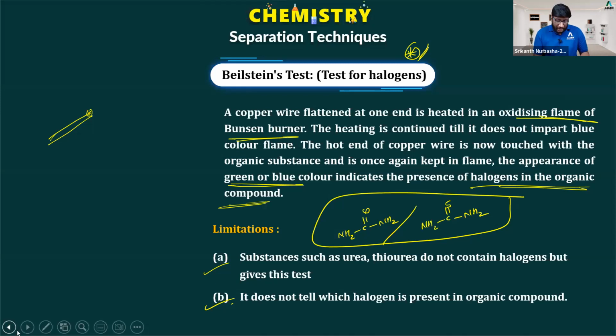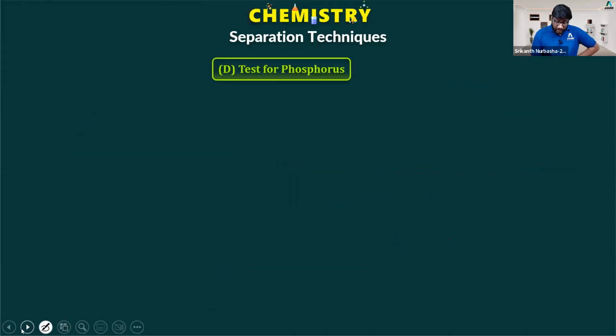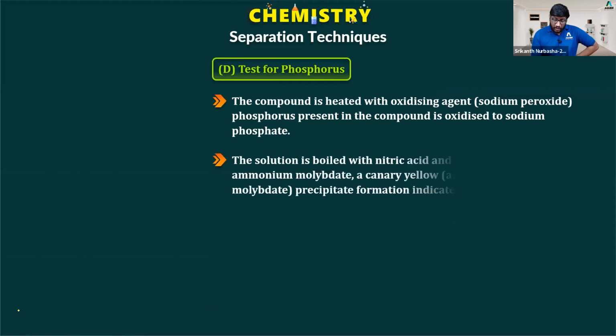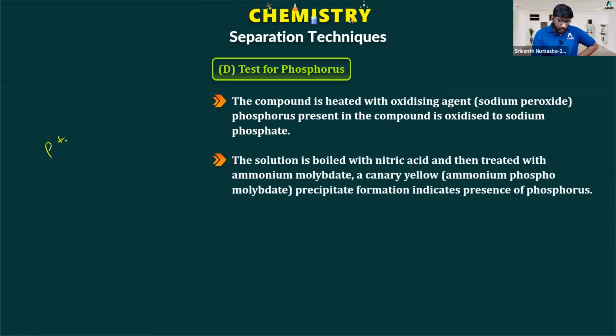Okay, the reactions we will study now. Test for phosphorus: the compound is heated with an oxidizing agent. Whatever compound has phosphorus is treated with Na2O2 to form PO4 3-. It will have electrostatic attraction with Na+, so we can say Na3PO4 is formed.